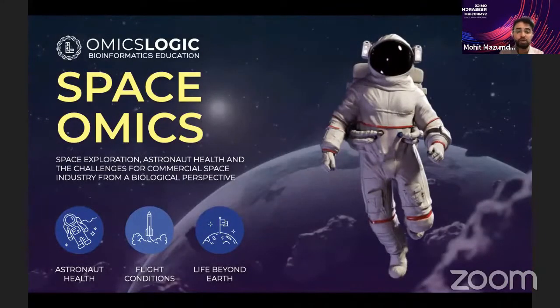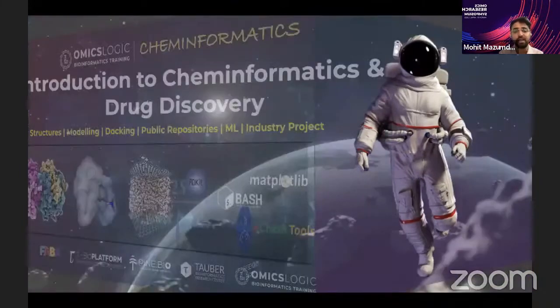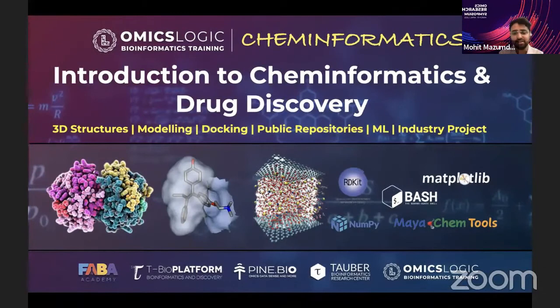It also includes upcoming areas such as space omics, and understanding three-dimensional data, which is what we saw in the last presentation: how these different areas of bioinformatics research are interconnected to help in finding a solution such as drug discovery and helping human healthcare.